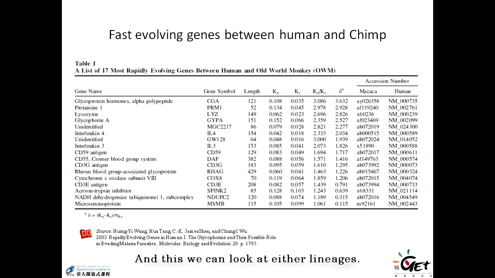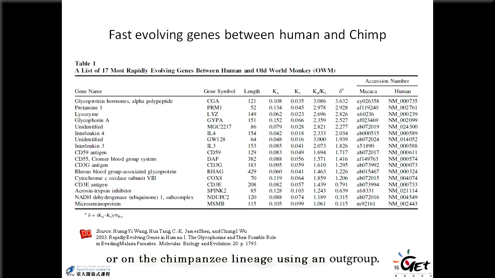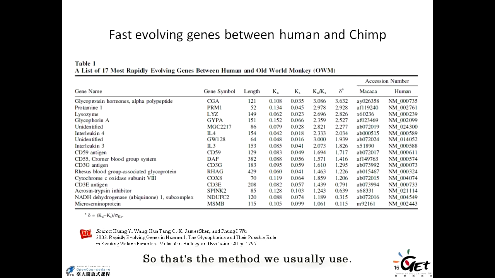We can look at either lineage, so you can compare the two differences, like the difference between human and chimpanzee. But you can also further dissect whether the evolution mostly occurs on the human lineage or on the chimpanzee lineage using an algorithm. That's the method we usually use.